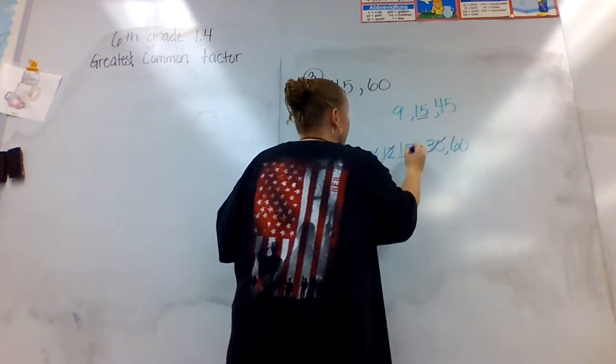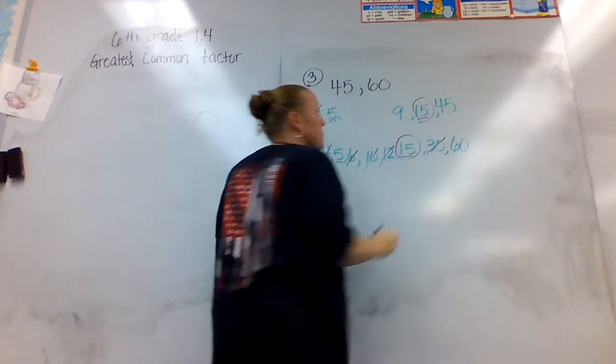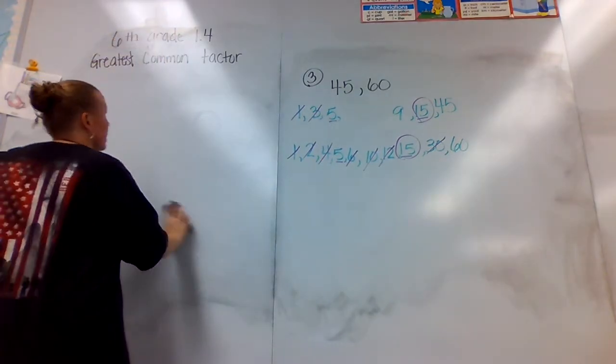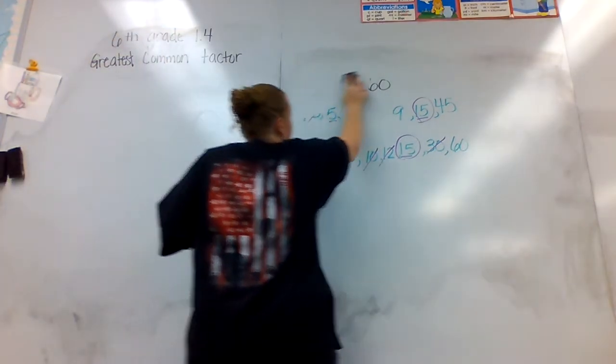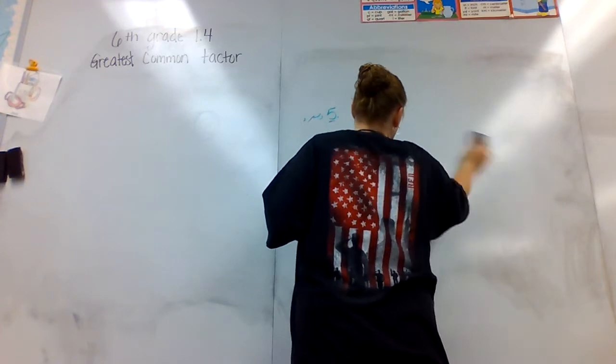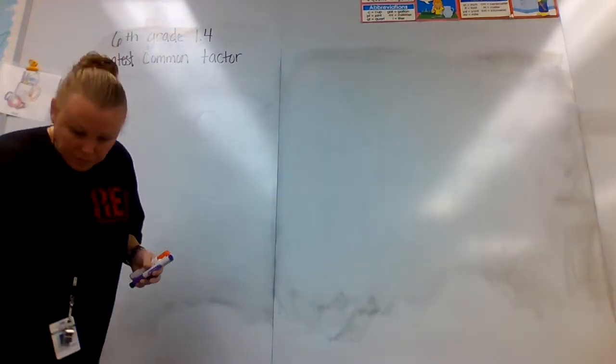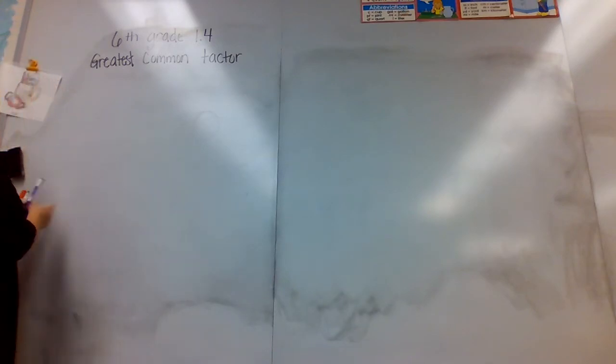Okay, so it looks like 15 is going to be the biggest number they have in common. Okay? Once you guys get the hang of this, you're going to love it.